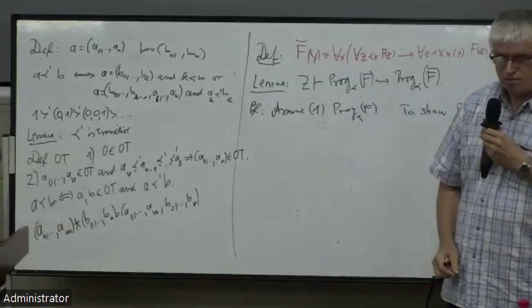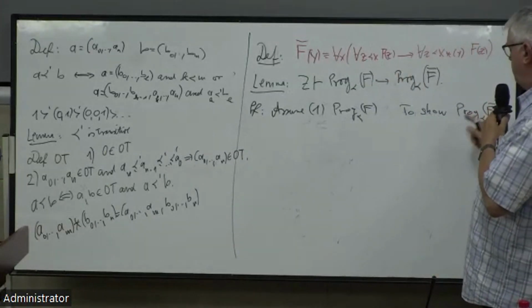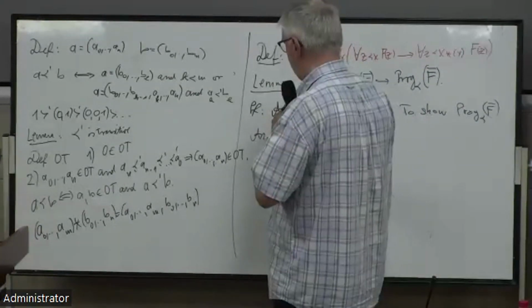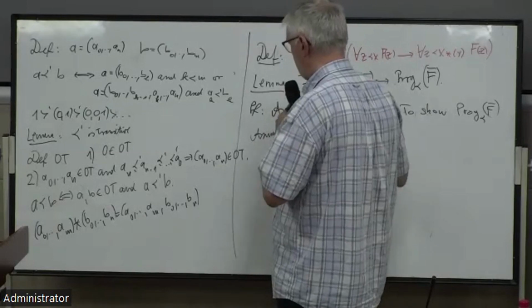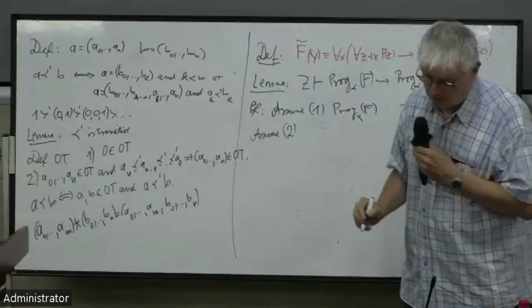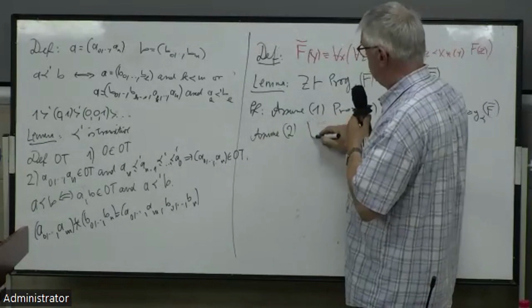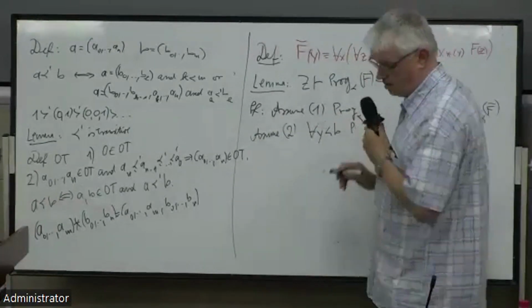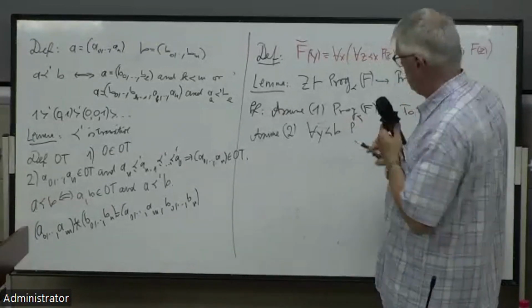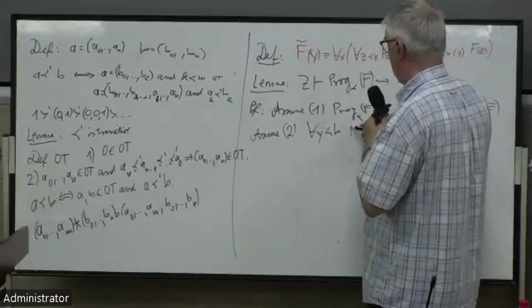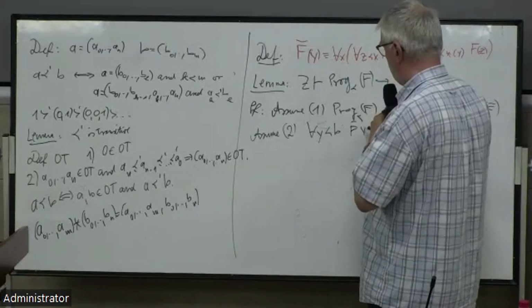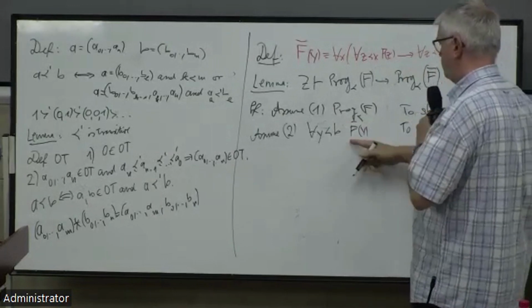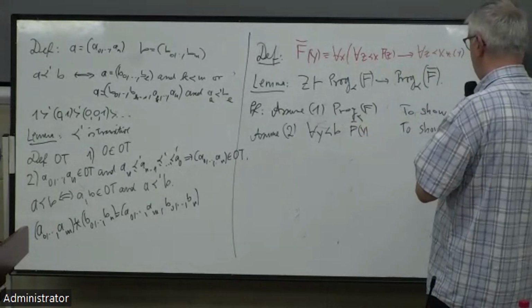Now, I have to show basically the premise of a transfinite induction. So assume, therefore, for y less than b, F bar of y. To show is F bar of b.